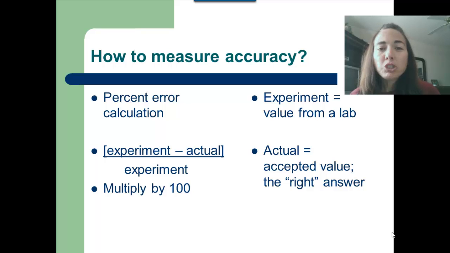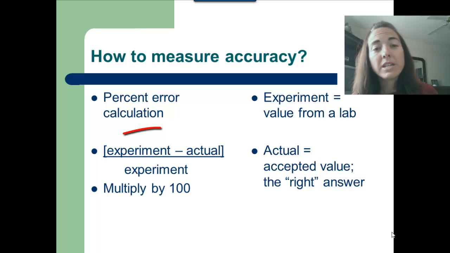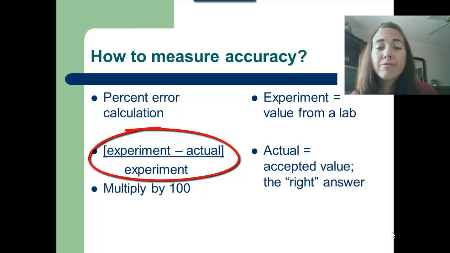Now, measuring accuracy and doing good lab procedure is great, but we also have to have a way to calculate how accurate we are. We're going to do that with the percent error calculation. Now, the formula for it is here. It's the experimental value, which is what you get in lab, minus the actual value, which is the accepted answer, and then you divide that by your experimental value.